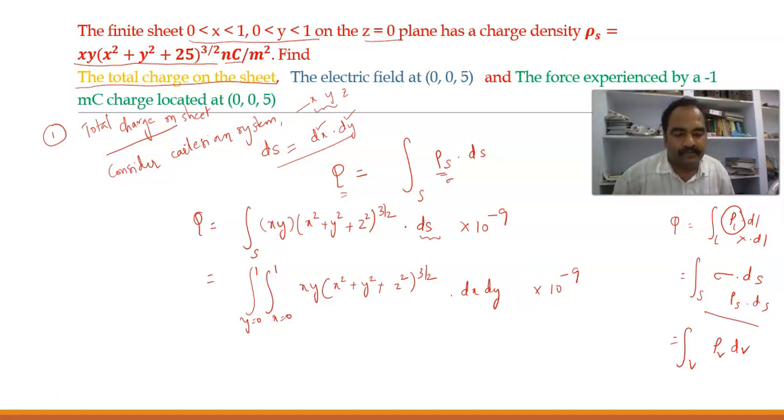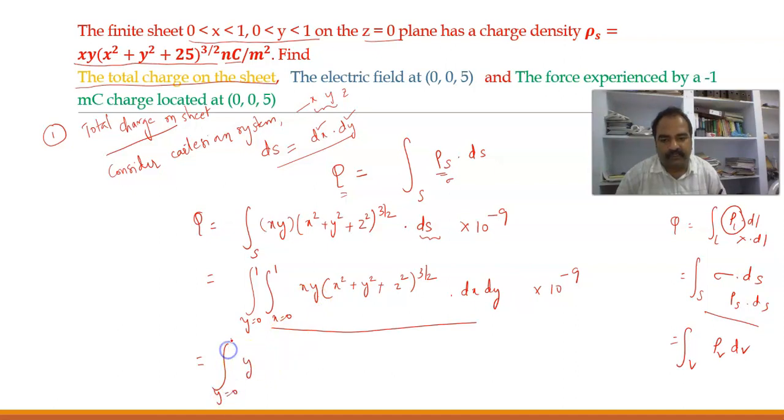Okay, so now if you carefully see, I am supposed to first integrate this equation with respect to x, and then with respect to y. So when I am doing it with respect to x, I will separate this y because it has nothing to do here. So y, where y varies from 0 to 1.